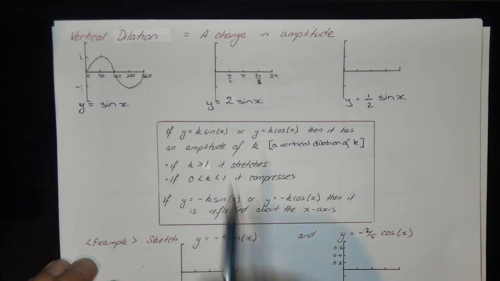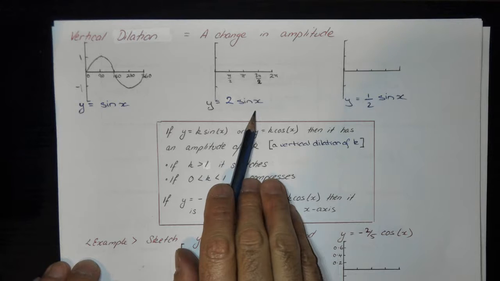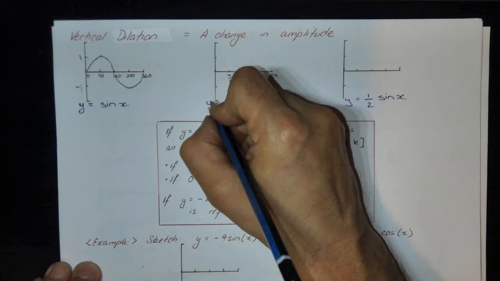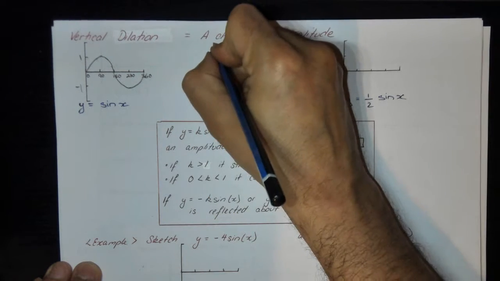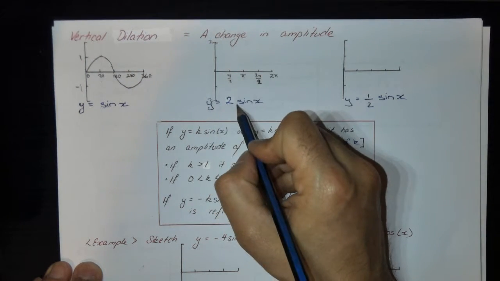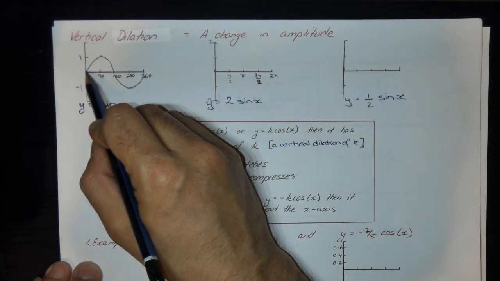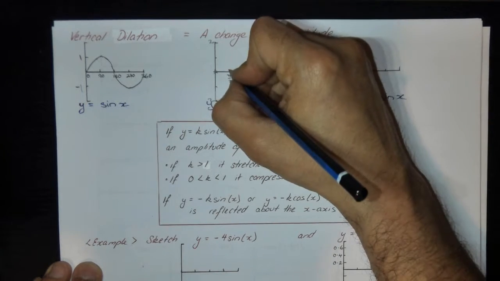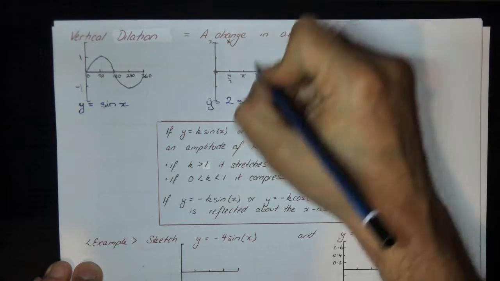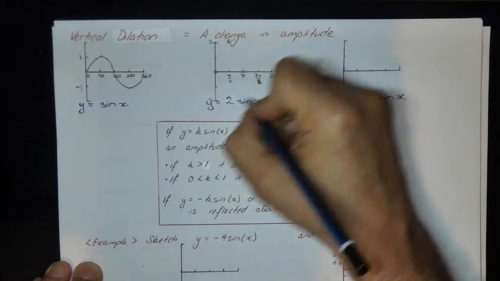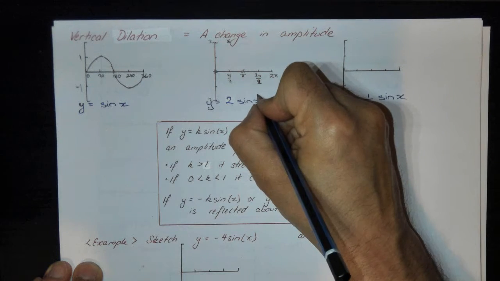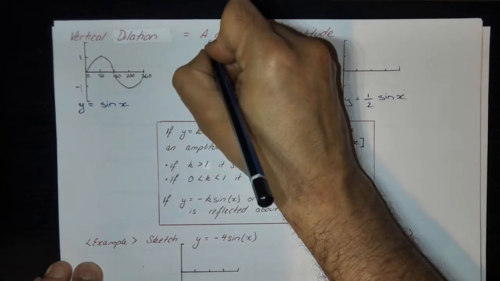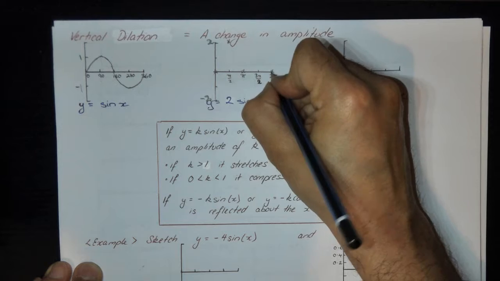Okay, so if we have y equals 2 sine x, the amplitude, the k value, has increased. So what happens is we multiply every y value by 2. 0 times 2 is 0, 2 times 1 is 2, that stays at 0, negative 1 times 2 becomes negative 2, and then that becomes 0.